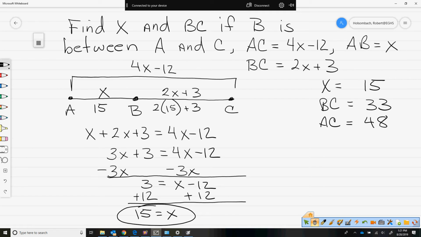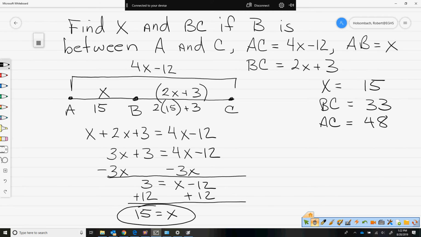Any questions on either of those types of problems? Say that again. B to C was equal to 2 times x plus 3. Well, we solved for x. X equals 15. So we substituted.